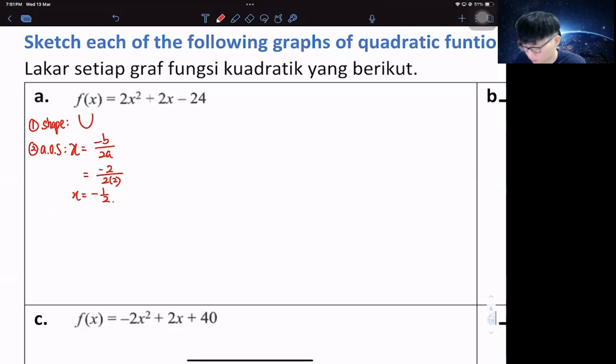Okay, done. Number three, smiley face. That's why it has a minimum point. See how we should know the x right away. This is when you understand. Okay, anybody needs me to explain again?